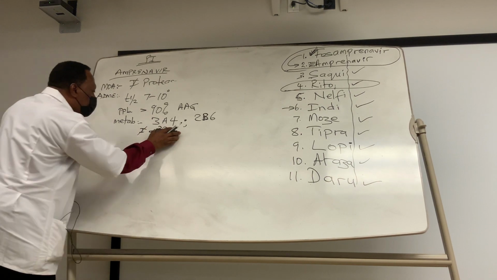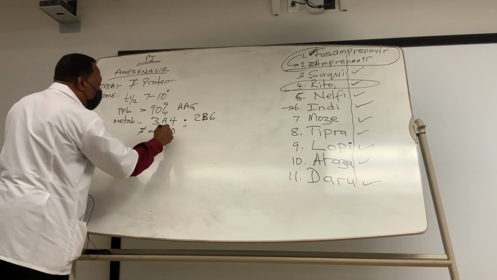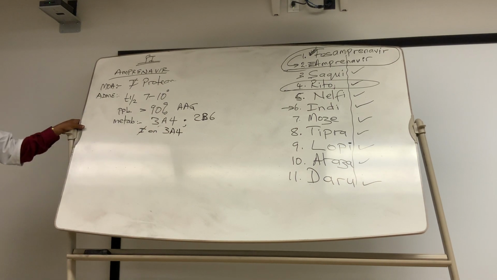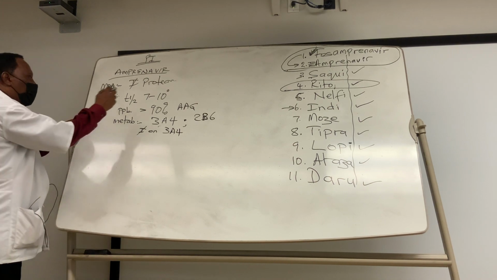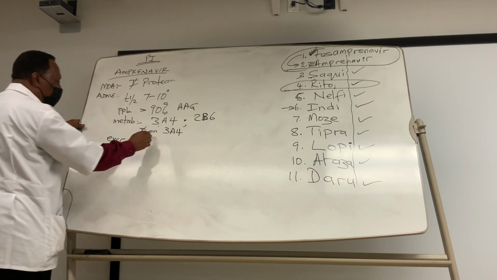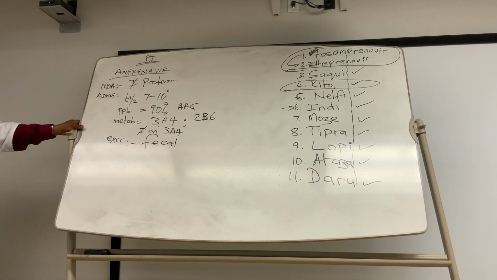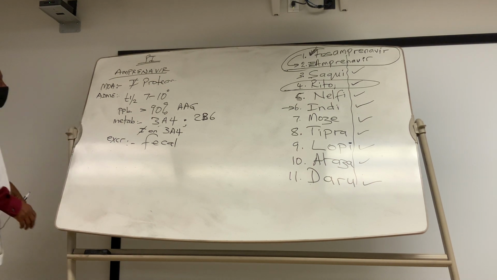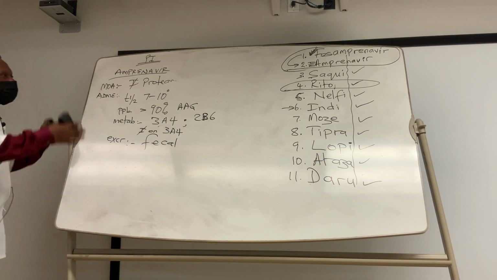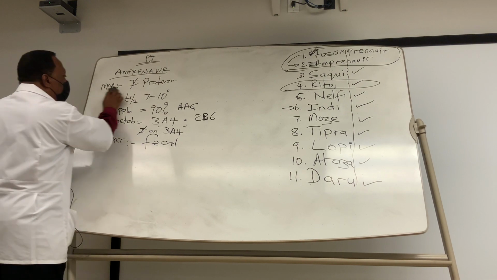It is a potent inhibitor of your 3A4. And in terms of the excretion, it's primarily fecal. So that's the ADME for your amprenavir. Okay.